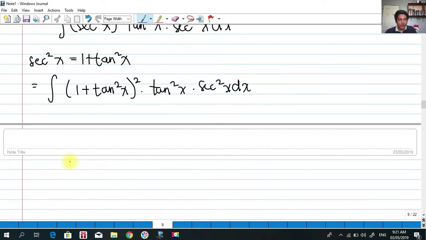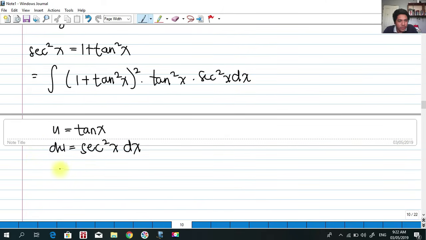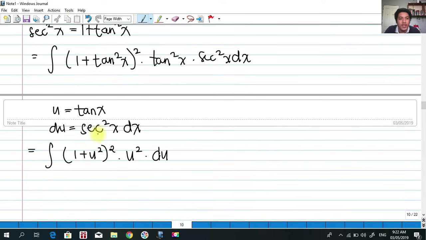So as you can see here, we can now use the U substitution if we let U is equal to tangent of x and we let du with respect to x is secant squared x dx. Secant squared of x dx is now available here. So we can use the U substitution, and that is the integral of 1 plus U squared, raised to squared, multiply it by U squared, multiply it by du, because the secant squared x dx is simply the du.